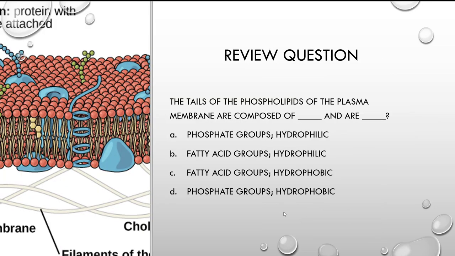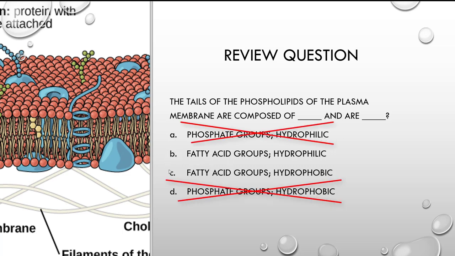And then finally, the tails of the phospholipids of the plasma membrane are composed of blank and are blank. So fill in the blanks. Are they composed of phosphate groups or fatty acid groups? Are these tails phosphates or fatty acids? If you chose fatty acids, I would agree with you.